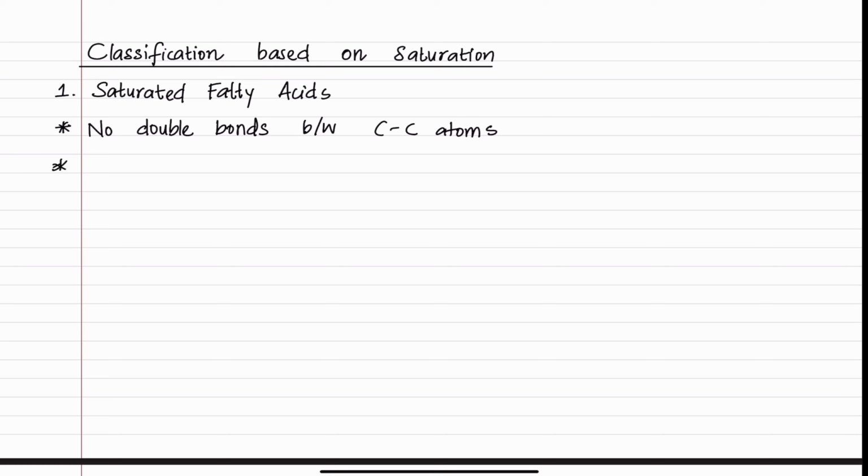Another point would be all carbon atoms are saturated with hydrogen. Next one can be linear structure. Since they don't have double bonds, they can have a straight linear structure. Due to this linear structure, they are solid at room temperature.